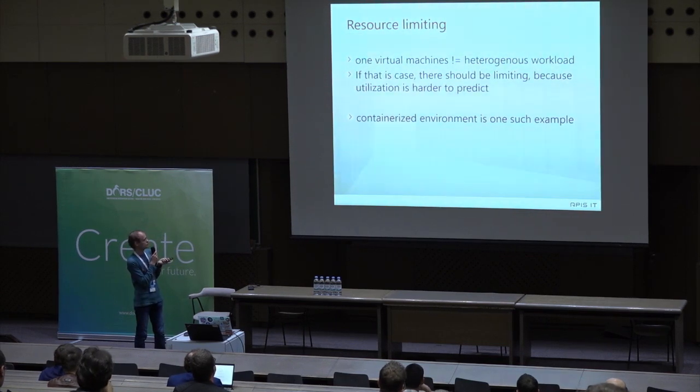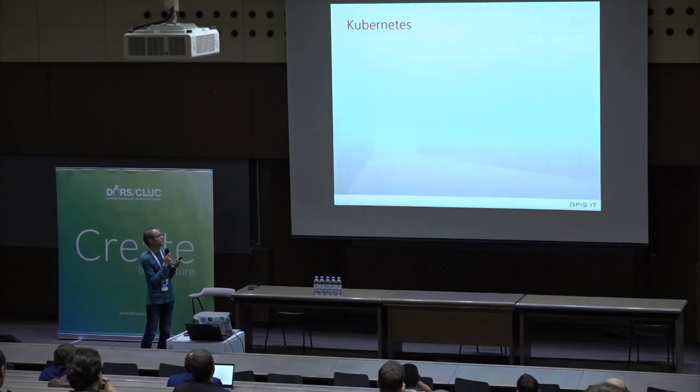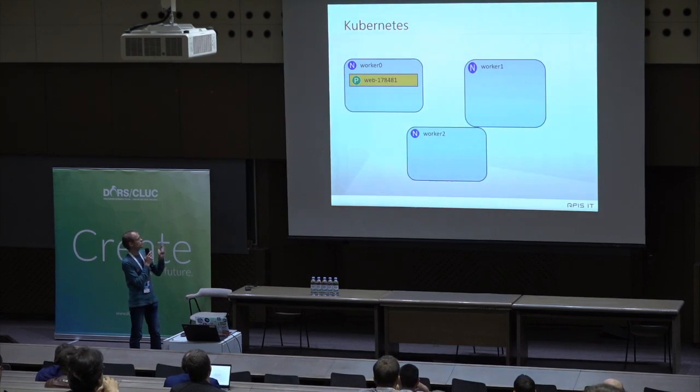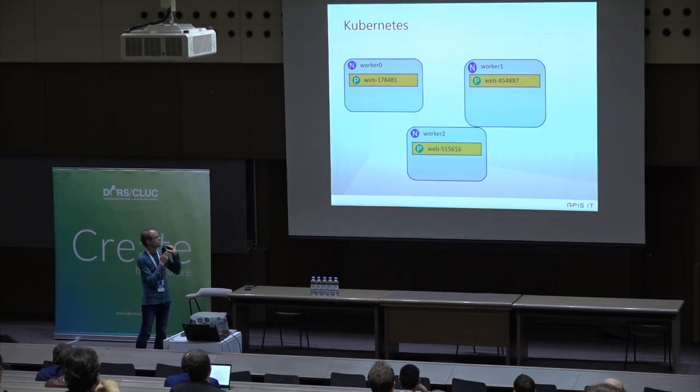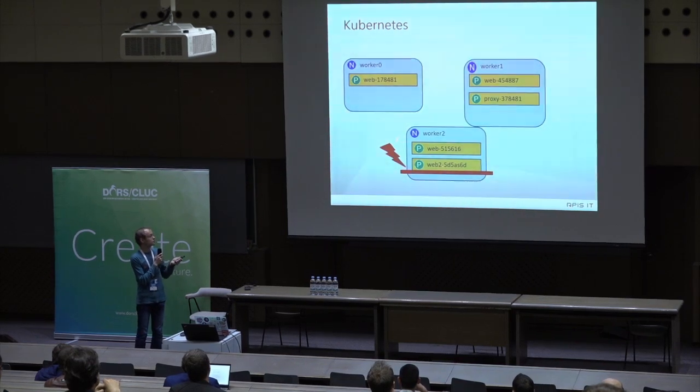And the containerized environment is a neat example of that. So we have, for example, in the Kubernetes workers, one pod, two pod, third pod, fourth pod, and fifth pod. And there is high memory utilization in one pod.